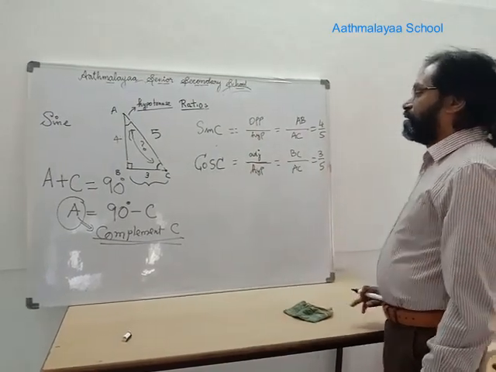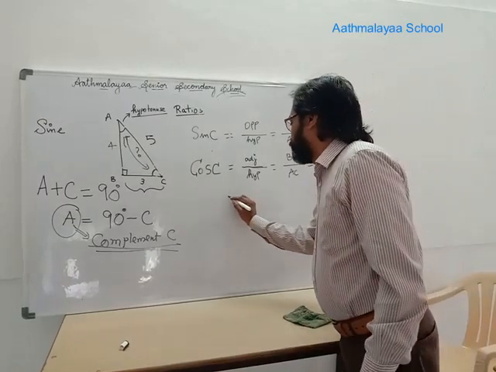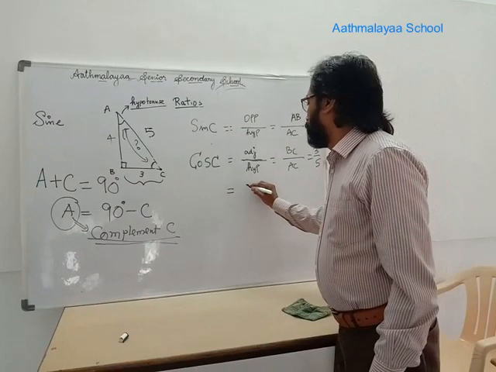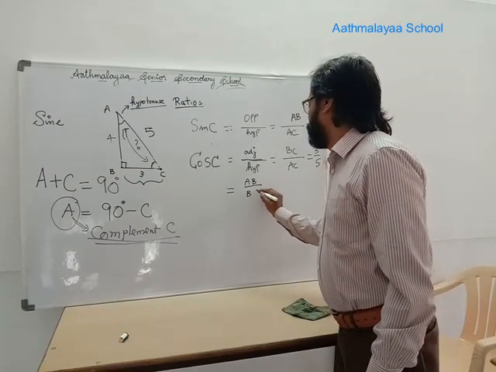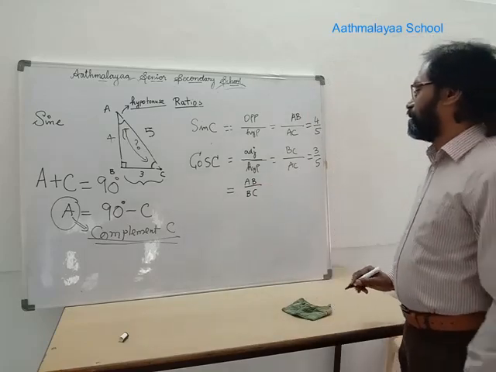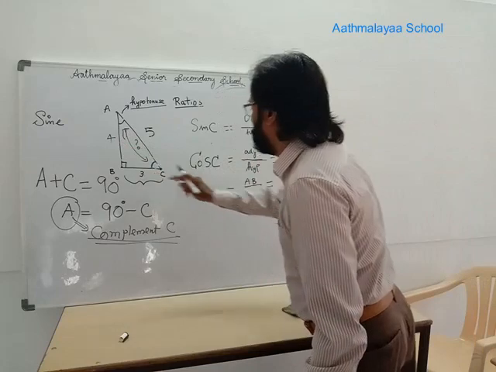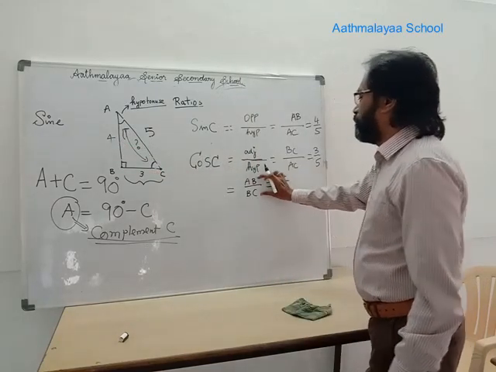Now let me write another ratio in terms of C, that is AB by BC. That was the third ratio we discussed earlier. AB was 4 and BC was 3, so 4 by 3, and we are only interested in AB by BC.